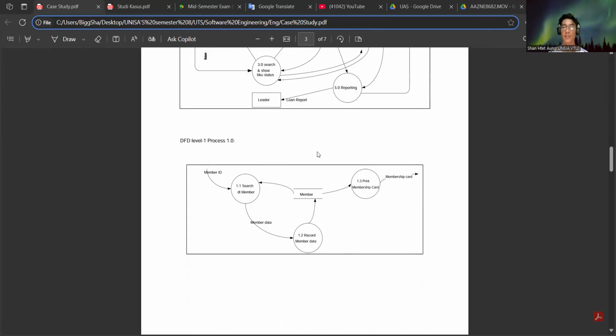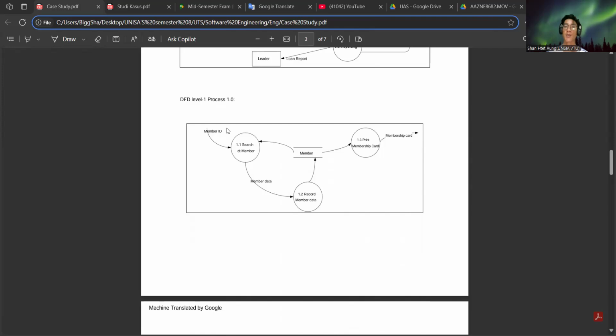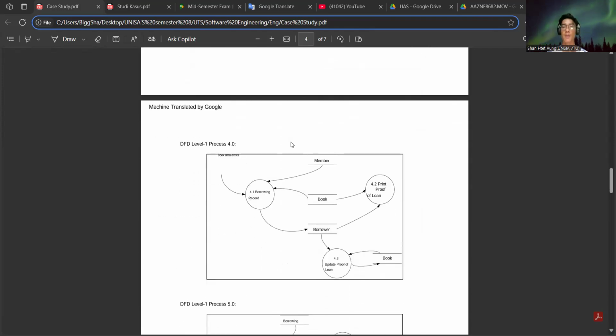Now for the data flow level 1, the process moves straight into the main functionality. Here is member registration, and we need to find the member database. In the member database, we need to record the member data and print the member card. This is level one process 1.0.